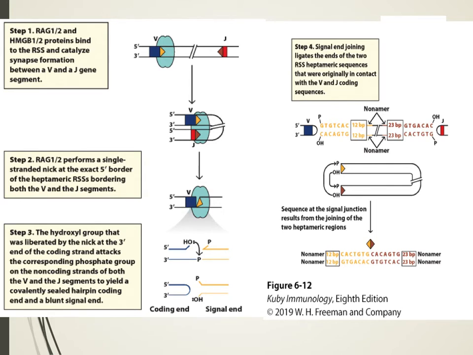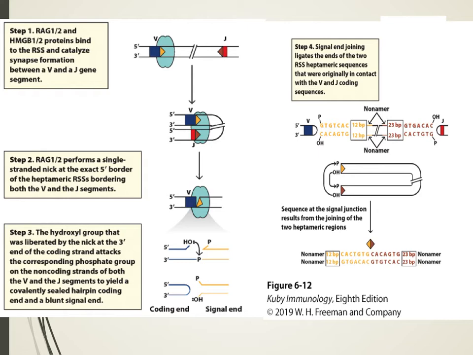Okay, so this shows you what's happening to the DNA, right? So we're going to have that RAG1 and RAG2 complex forming, and additional proteins are also going to bind to that recognition signal sequence, the RSS. So you can see how it's binding to our spacer there. Then a hairpin loop ends up forming because we have that complex being held together. We're going to nick the DNA so that we end up getting kind of sealed. You see at the coding end how we end up sealing that.